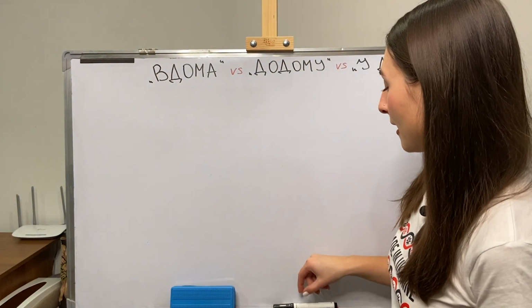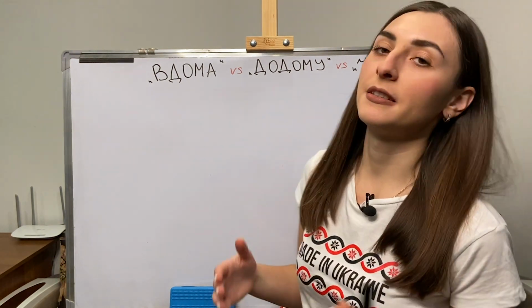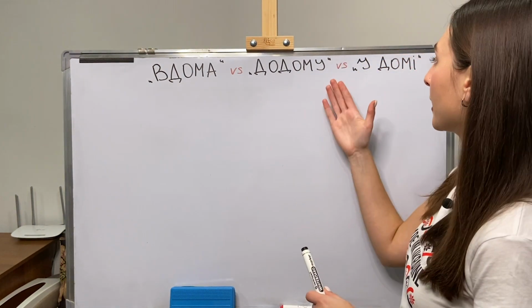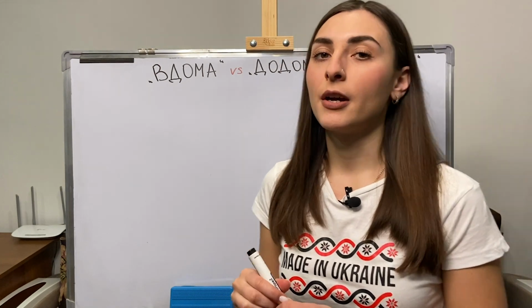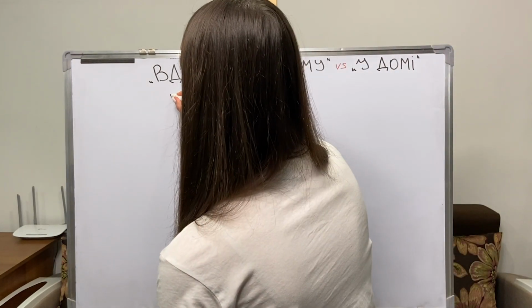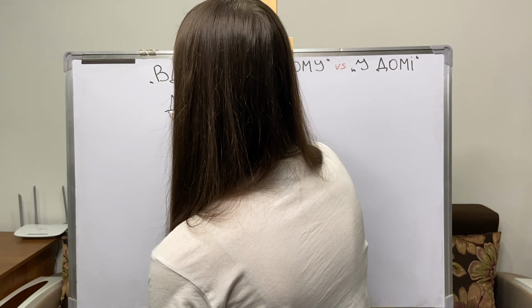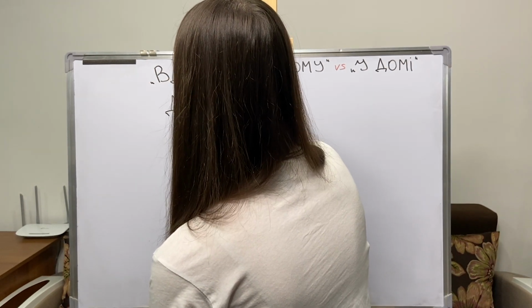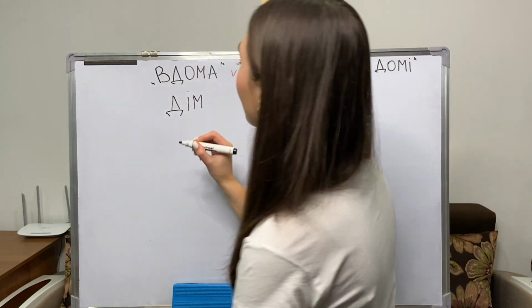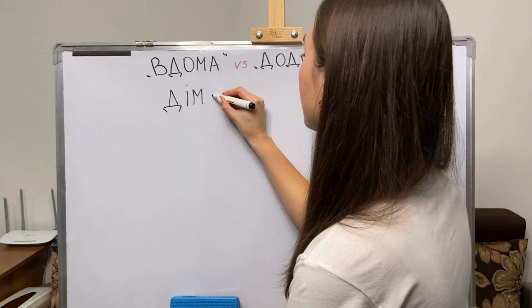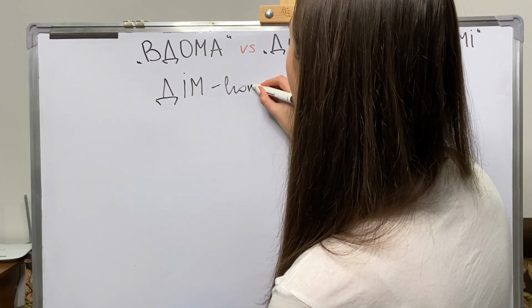So guys, it is very confusing for you to get the difference between some words. They have a common stem in Ukrainian language, and I want to explain for you this beginner vocabulary and the difference between them. All these three words come from the Ukrainian word дім. Let me write it for you here. Дім means home.